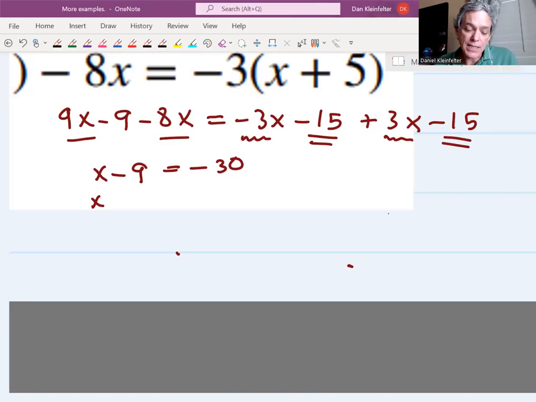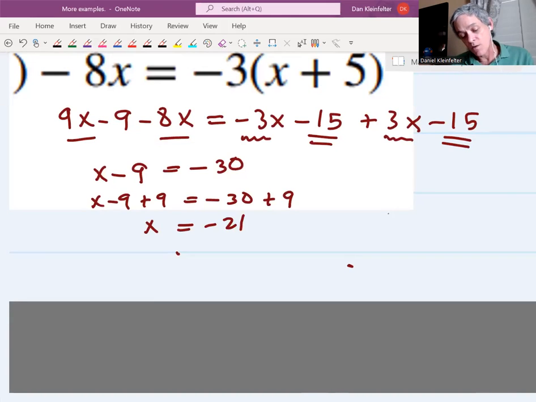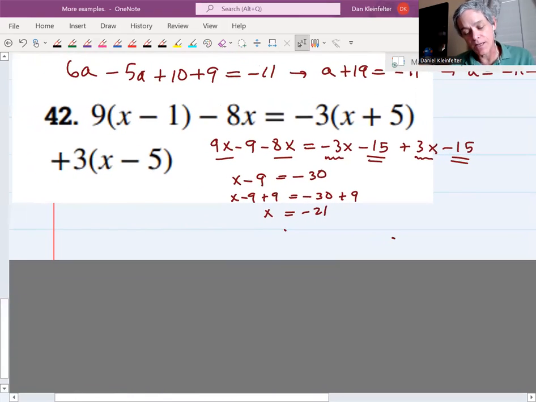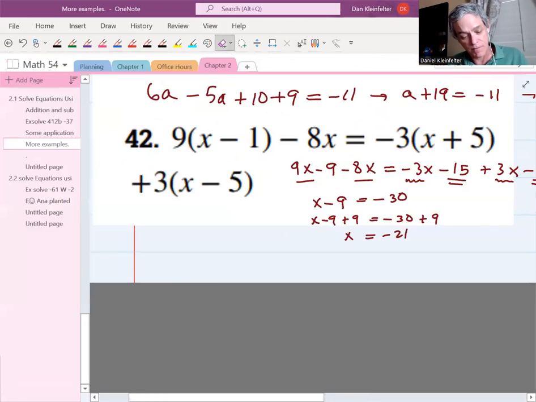Okay, so x minus 9 equals negative 30. We will be adding 9 to both sides. So on the left, we'll have just an x, and on the right side, negative 21. So our final answer on that one, negative 21. If you don't get that, make sure that you go through all the steps, and if you still have a question about it, let me know. I can help you with that.